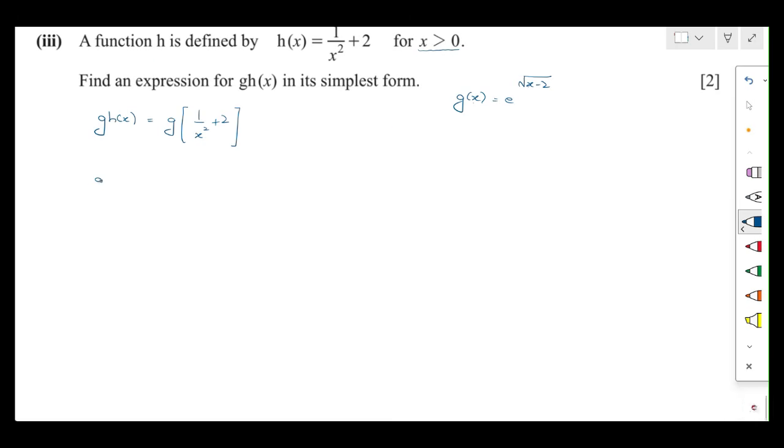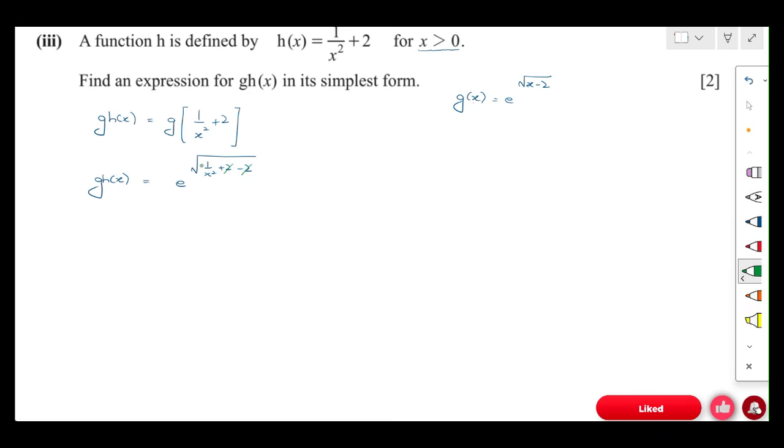Okay, so g h of x would be e to the power square root of, this is your whole x now, and then minus 2. When we simplify this, plus 2 and minus 2 cancel out.